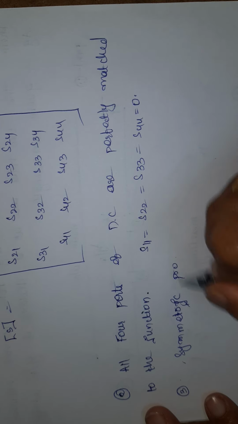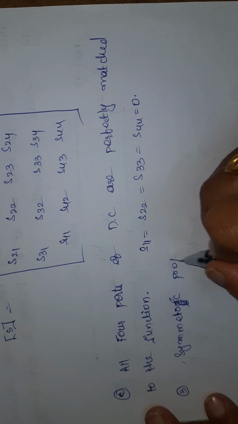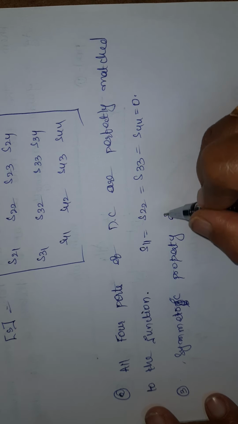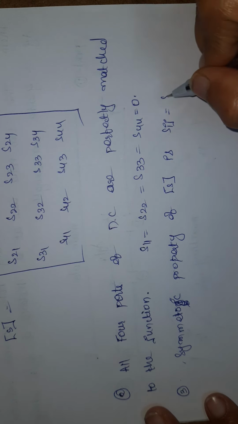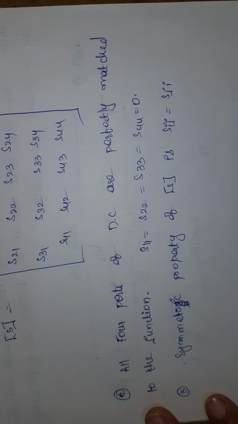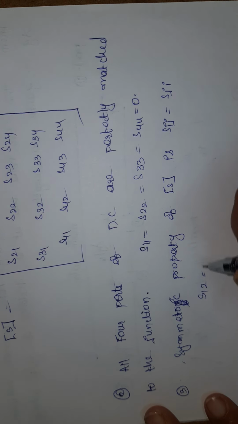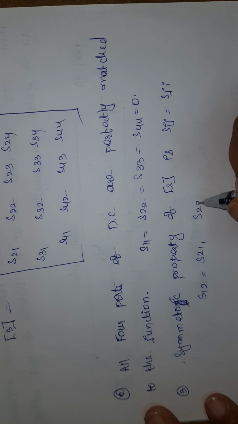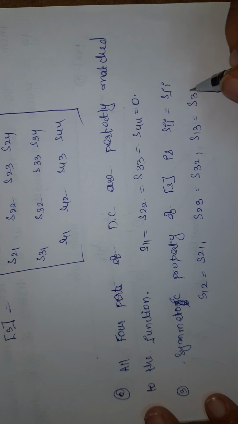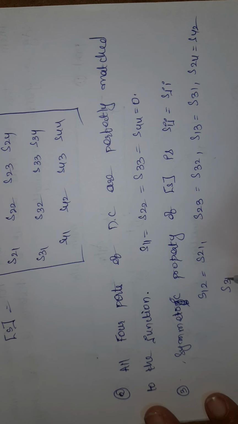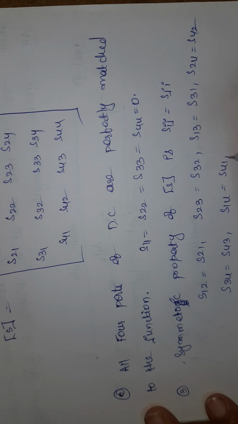The symmetric property of scattering matrix S is Sij is equal to Sji. It means S12 is equal to S21, S23 is equal to S32, S13 is equal to S31, S24 is equal to S42, S34 is equal to S43, S14 is equal to S41, like this.